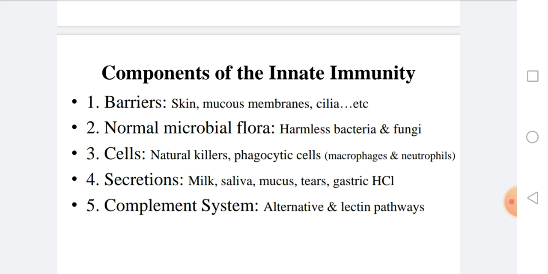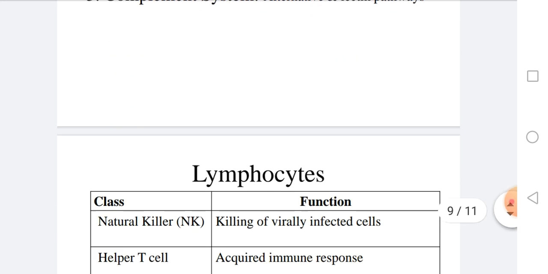These are natural killer cells, which are granular lymphocytes, and phagocytic cells like macrophages and neutrophils. Four, secretions, different secretions like milk, saliva, mucus, tears, gastric hydrochloric acid, and so on. Five, complement system through the alternative and lectin pathway. We're going to talk about the complement system in a separate lecture.